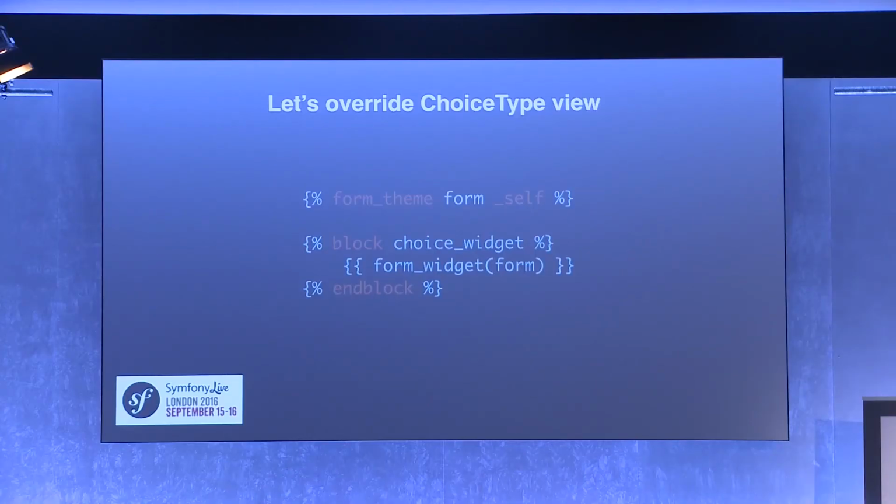but we would like to use the text type because it's kind of the default, so we would fall back on the default instead of making again a form theme. So we can just override the choice and proceed to the fallback to the default template, just like that.